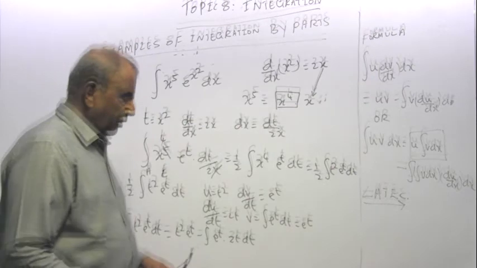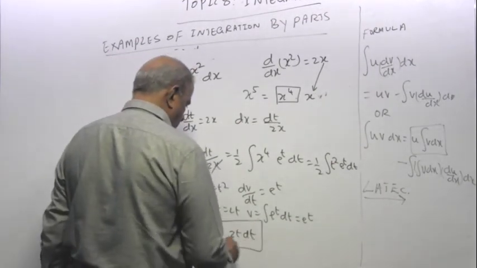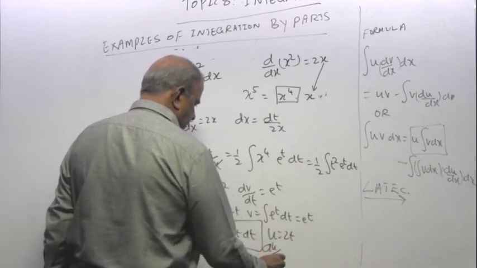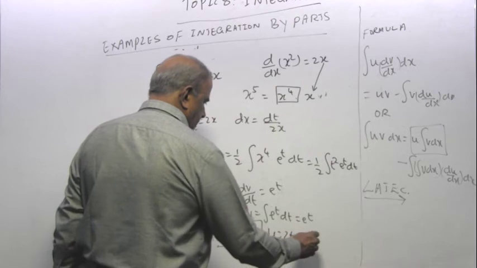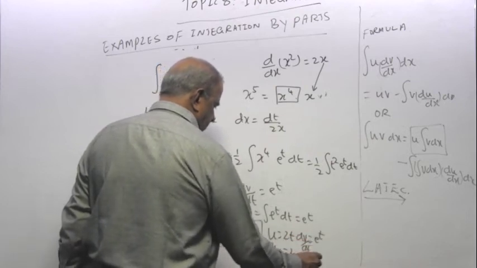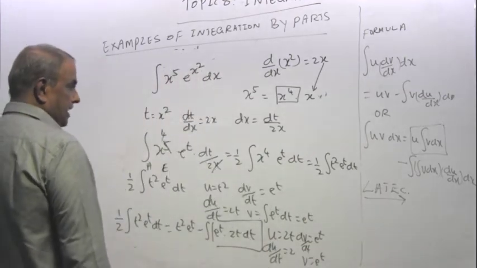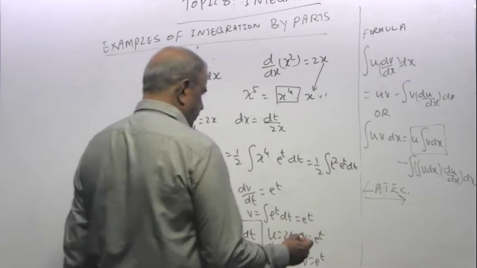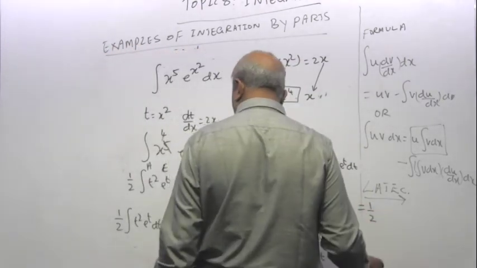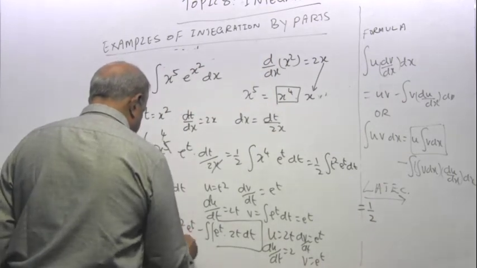Okay? So don't forget. So therefore, for this one, u equals 2t, du by dt is 2, dv by dt is e power t, v is also e power t. Where shall I write now? I'll write there. So therefore, question becomes half, oh, I forgot the half here.